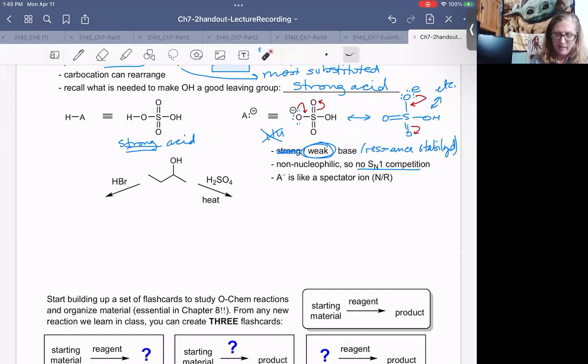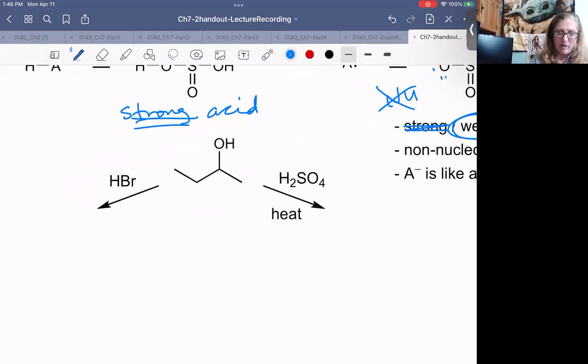So let's compare that to some other strongly acidic conditions like HBr. When we react an alcohol with HBr, remember HBr is a strong acid, so that makes the OH a good leaving group. But it also has bromide, a source of bromide, so it's also a nucleophile. So HBr or HCl is both an acid and a nucleophile.